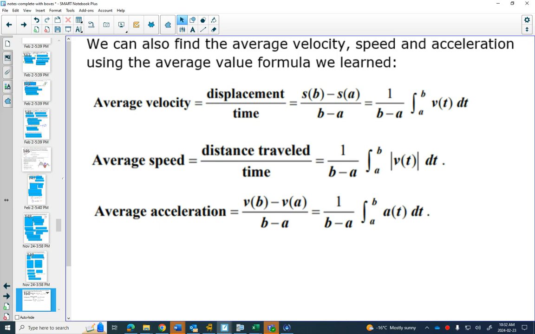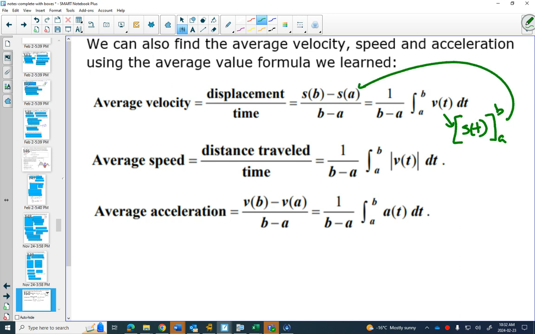And if you think about it, integrating this is just s of t in square brackets from a to b. Can you see that that is exactly s of b minus s of a? So what you already knew for average velocity, now it shows up also in our integration formula, which is super cool.